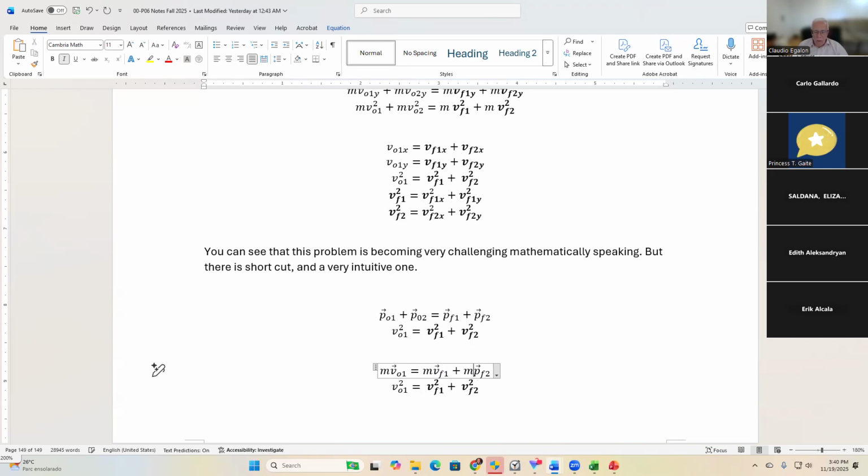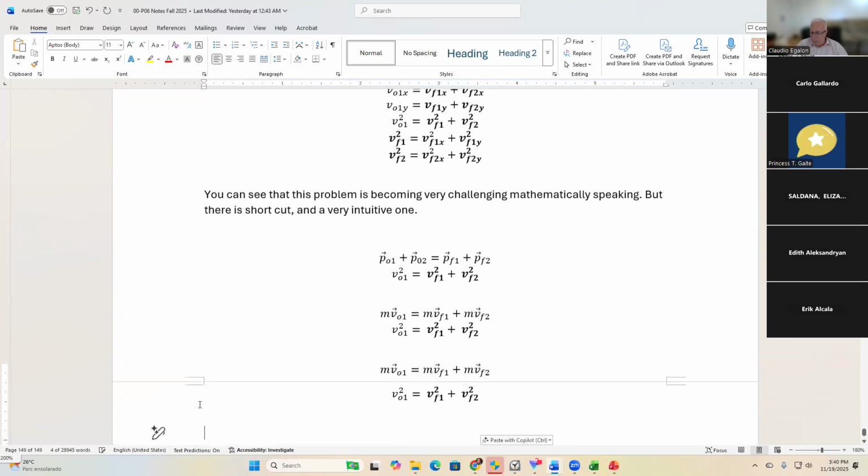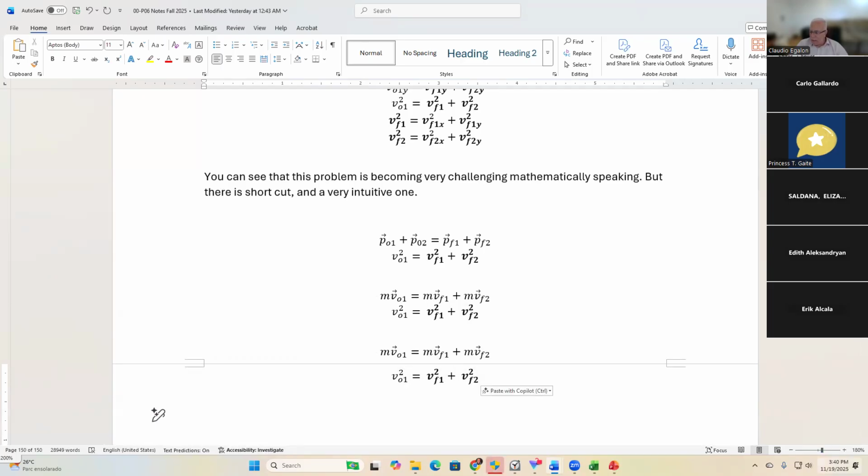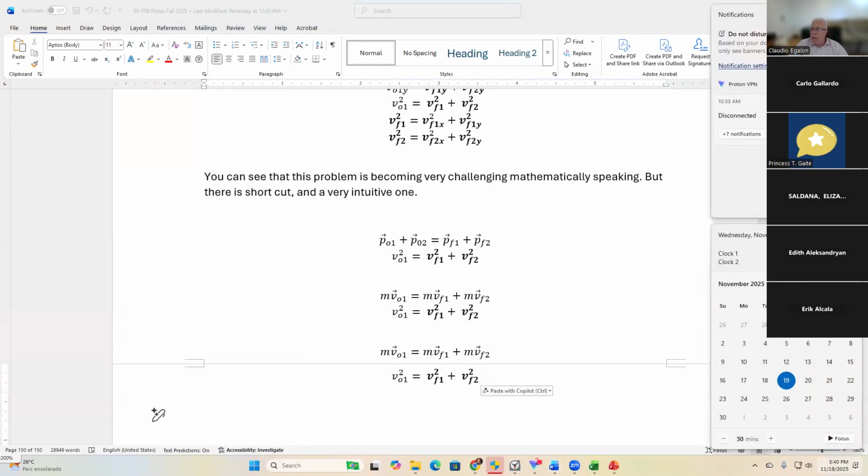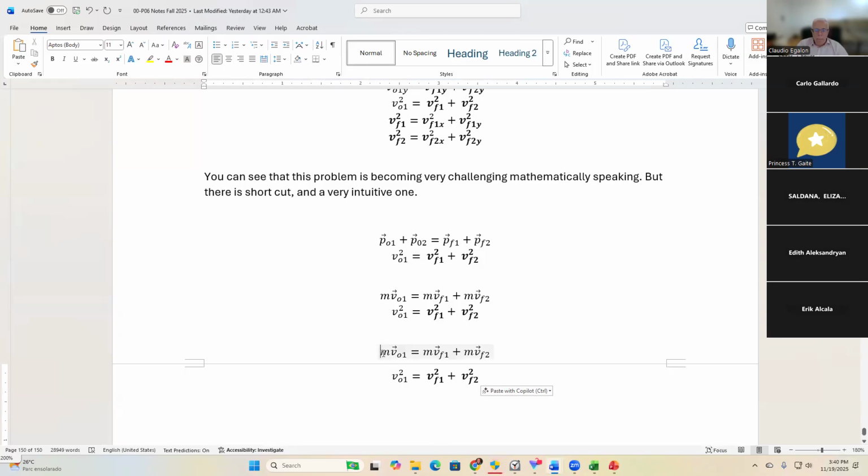M VF1. Okay. We're going to see the nice shortcut we're going to have. M is going to cancel out. Once we solve that, we can have our break. It is 10:40 right now. Yep, 10:40. Mass goes away.